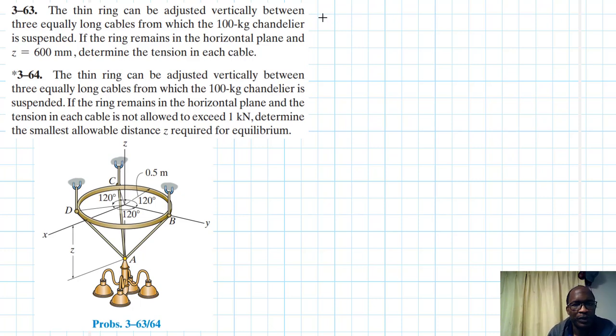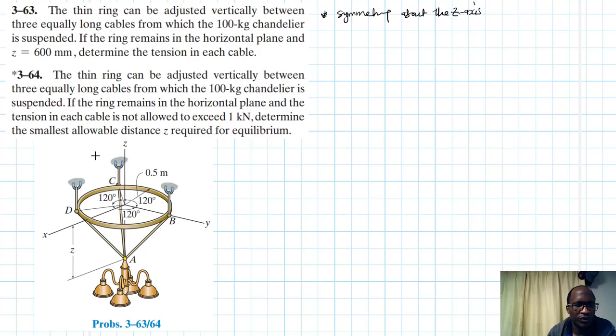So we have a chandelier supported by three cables that are spaced equally. This simply means there is symmetry about the Z axis.